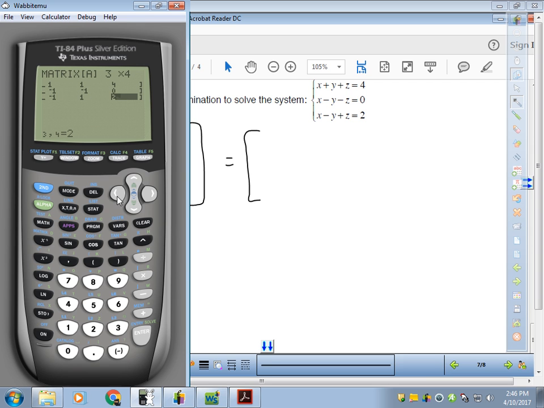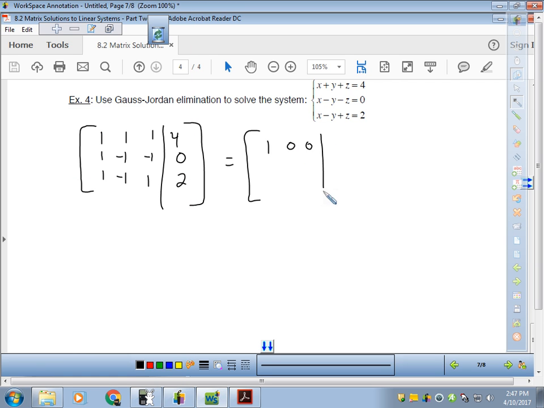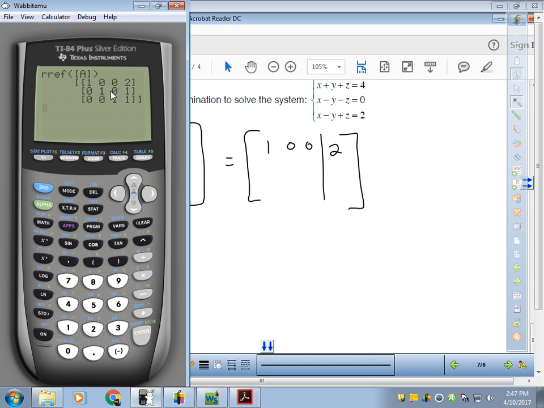I'm just verifying that all the stuff is correct. That looks good. So I'm going to quit. I'm going to go back to my matrix thing, go to math. I'm going to go down to reduced row echelon form. And then I'm going to pick matrix A. There we go, 1, 0, 0, 2. 0, 1, 0, 1.